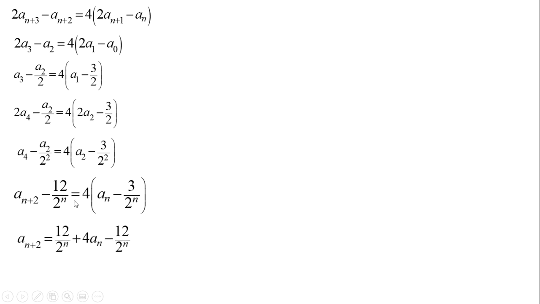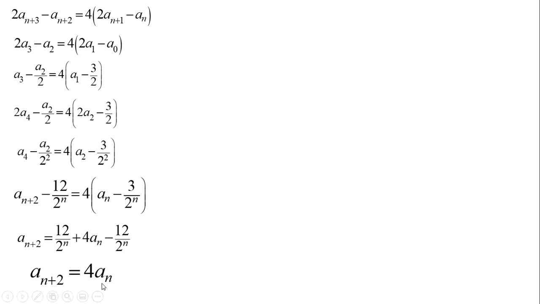We will simplify this one, and 12 divided by 2 power n will be cancelled with negative 12 divided by 2 power n, and we found this generalized formula: a_{n+2} equals 4a_n. And from here the proof is obvious, and we will make more steps to make it easier for you.